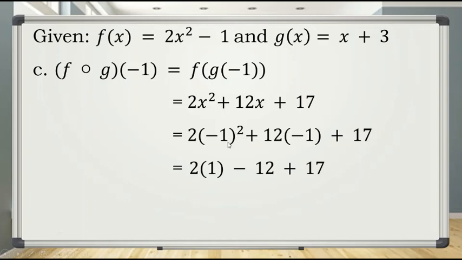Negative 1 squared is positive 1 multiplied by 2, and then 12 multiplied by negative 1 is negative 12, and then bring down 17. Simplify. We have 2 times 1, 2. Bring down negative 12, bring down positive 17, and the final answer is 7. So f composed of g of negative 1 is equal to 7.